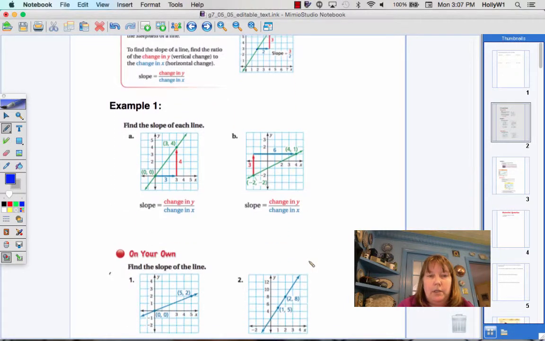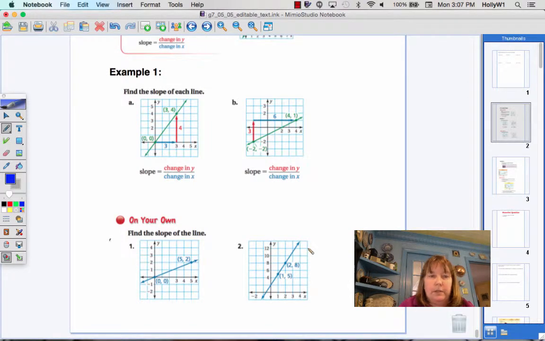All right, well, let's look at a real example. I'm going to put rise divided by the run. So in this case, we're going to pick the points 0, 0, and 3, 4. So for the change in y, we draw a line that goes out to here and a line that goes up here.